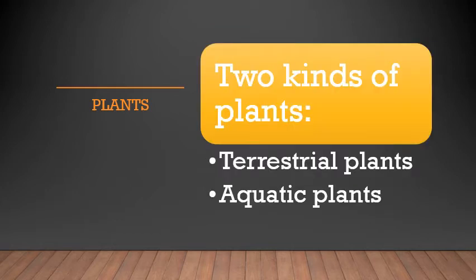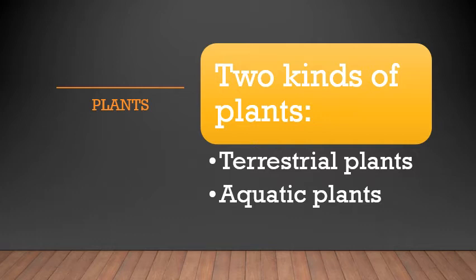Now, we are going to learn about two kinds of plants. These two kinds of plants are terrestrial plants and aquatic plants. Let me repeat the spellings: TERRESTRIAL, terrestrial plants; AQUATIC, aquatic, PLANTS, plants.